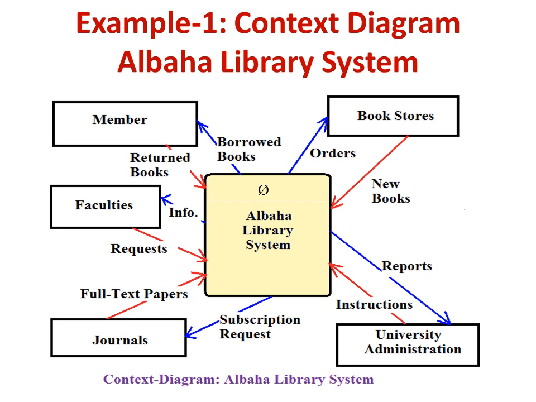The arrows mean data that is going to be transferred between the Al-Baha library system and the external systems. For example, with the bookstores, new books data is going to be transferred from the bookstores to the Al-Baha library system, and the order is going to be transferred from the Al-Baha library system to the bookstores.